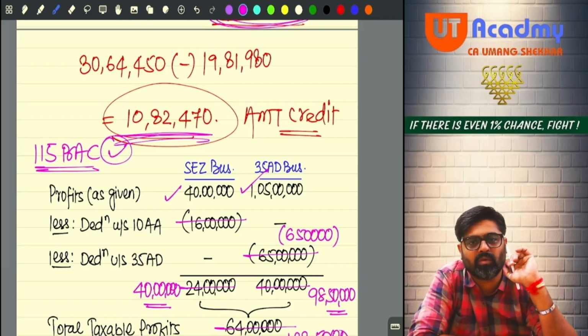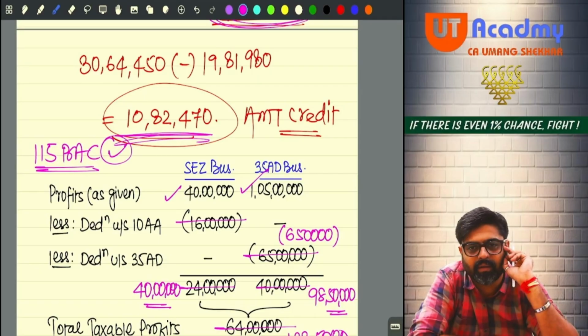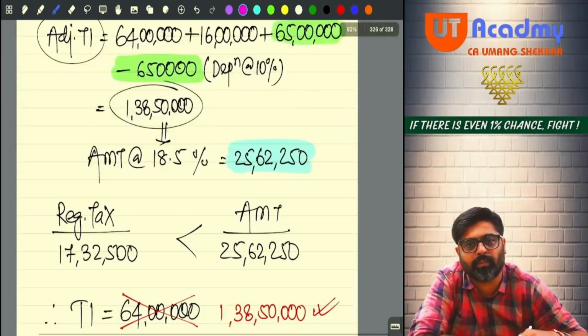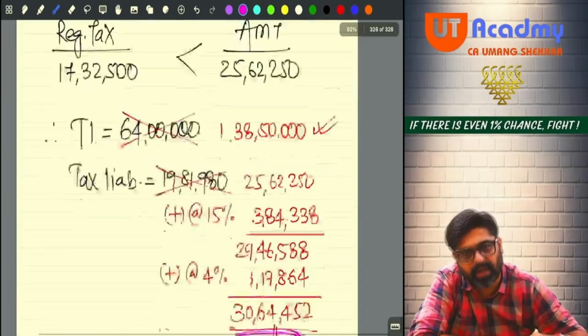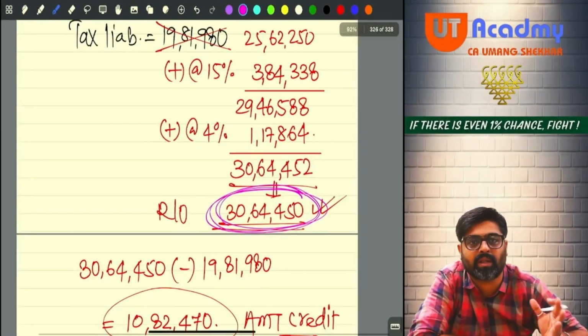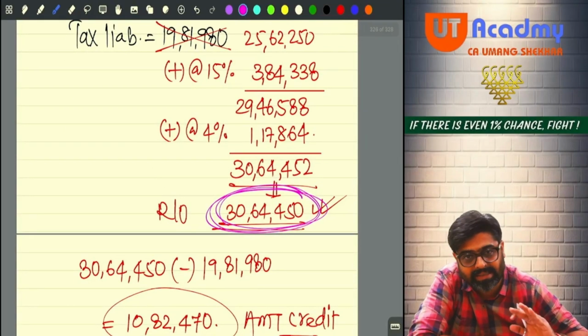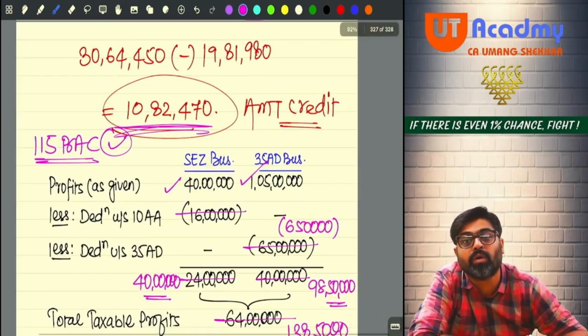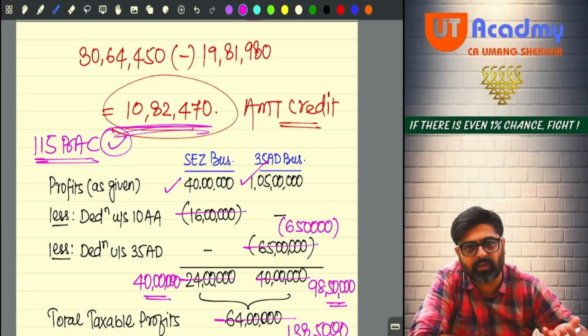Because if you shift out, AMT provisions will be applicable on you. And as a result of that, you are not going to pay the normal tax. You are going to pay AMT only, but that is still lower than 115BSC. And the extra amount which you are going to pay in the form of AMT will be given to you as AMT credit, which you can set off any time within the span of next 15 years from your regular tax liability.